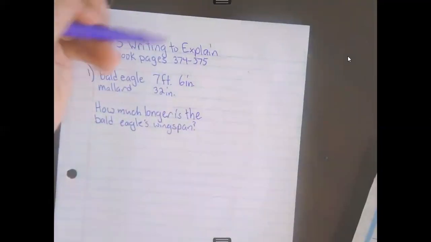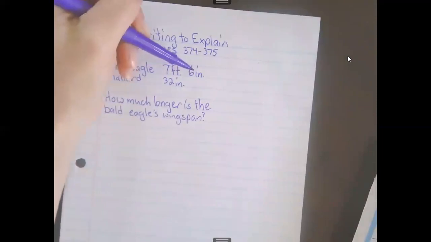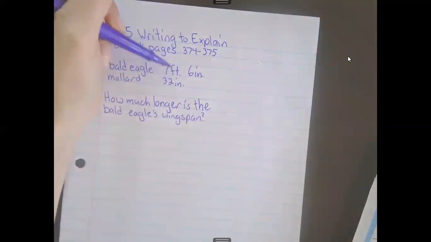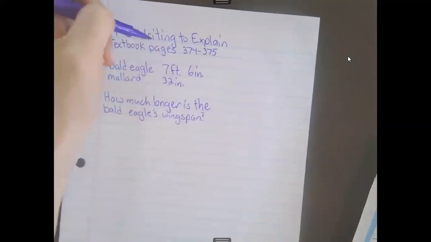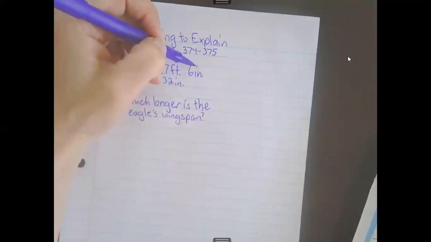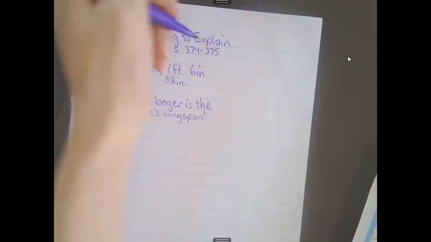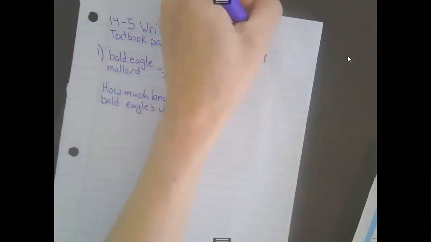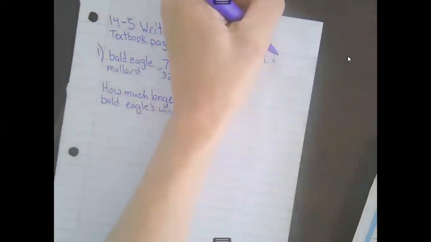So let's kind of take a look at this. Notice this measurement is in feet and inches, and this measurement is in inches. We can't necessarily compare these two right now because it's like apples to oranges. So my first inkling would be to take 7 feet and convert this entire measurement so that it's all in inches. I know that 1 foot is equal to 12 inches.